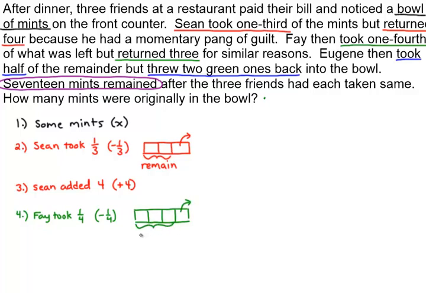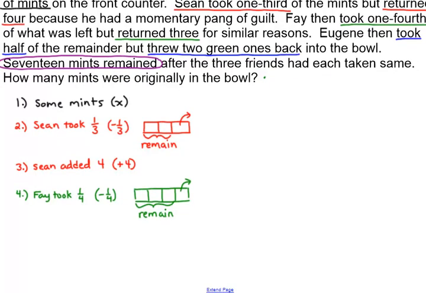So that means that 3/4 remain. So if you can see, the fractions are a little bit different than they were last time. Okay. After she took 1/4, she decided to return 3. So Faye added 3. So we have a plus 3 here. Whole numbers are a lot easier to work with.